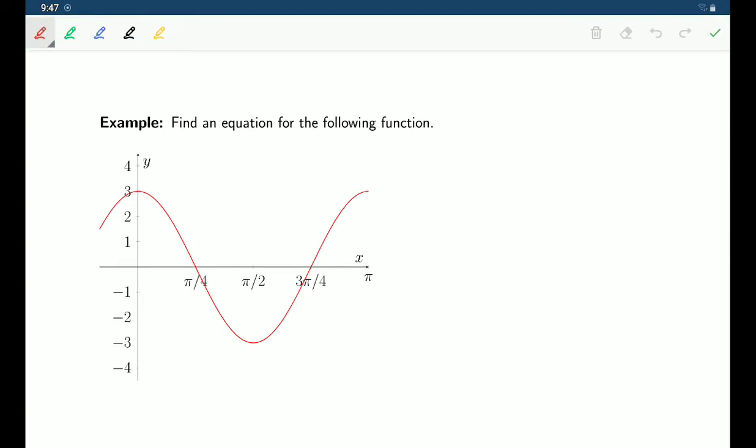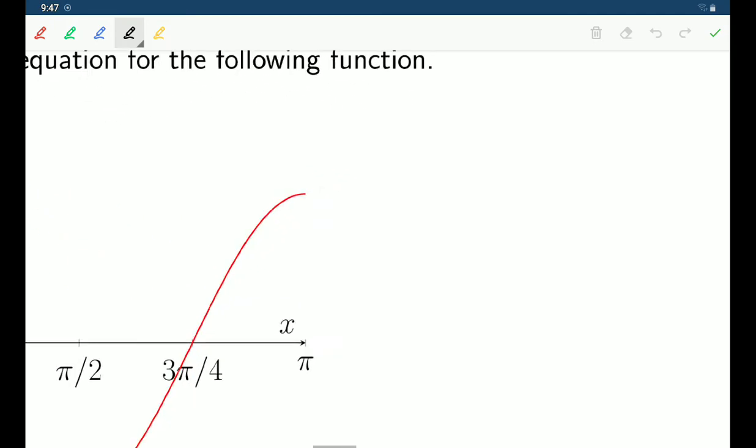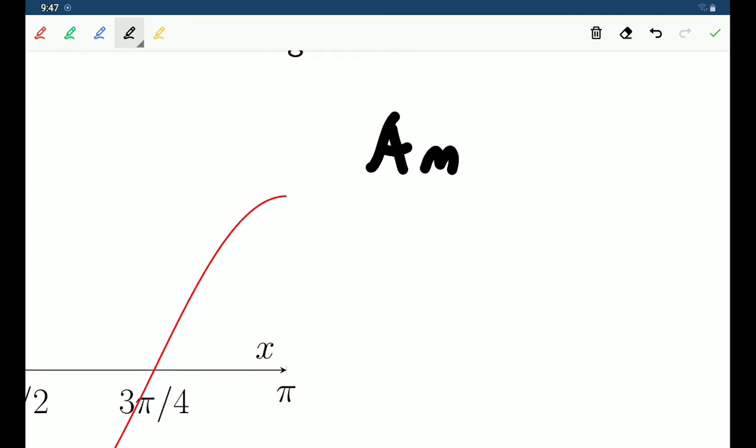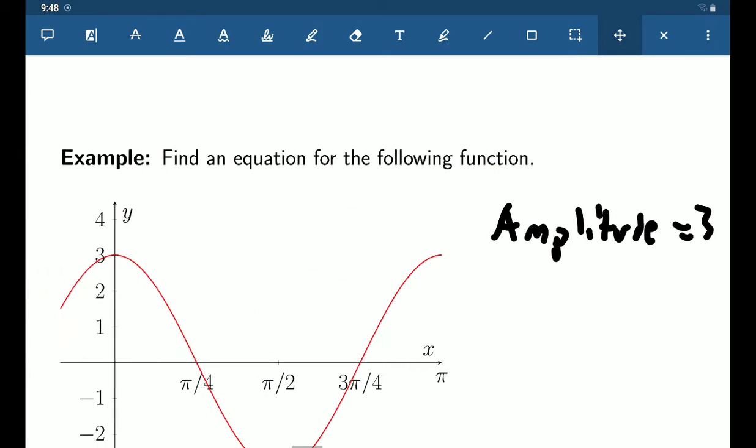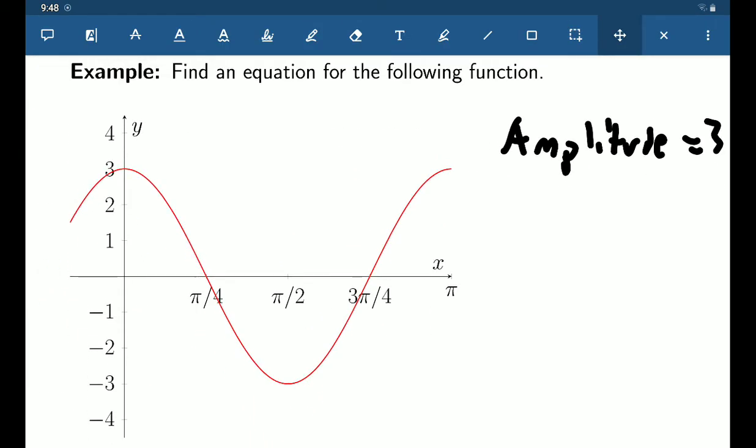So if I were to describe this, I would say that this graph has an amplitude of 3. Now, the other thing to notice is that it's a cosine graph. Is it multiplied by 3 or is it multiplied by -3?